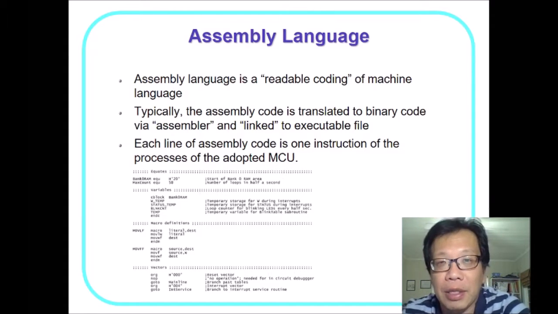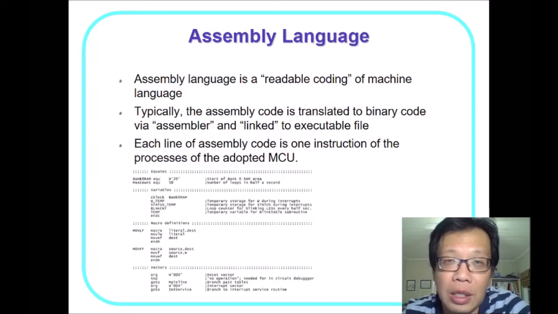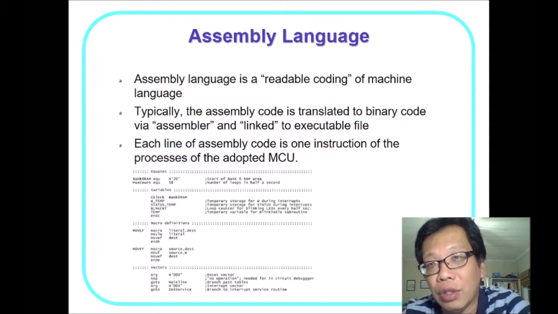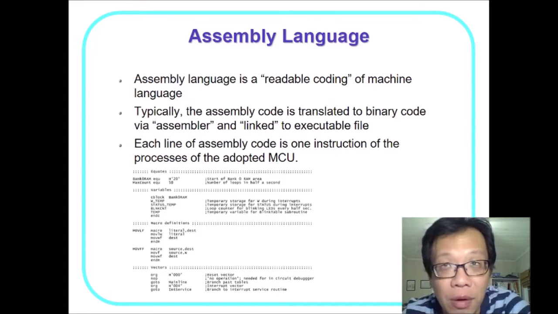However, not everybody wants to use assembly language. The biggest problem of assembly language is the learning curve is too sharp and it's very difficult to maintain. Once some engineer develops his own applications using assembly language, it is almost impossible for other people to maintain his code, because though it's simple and efficient, it is extremely difficult to understand what's going on for a specific function.